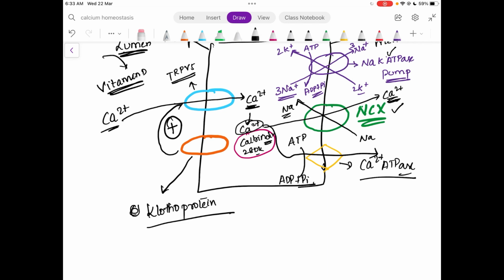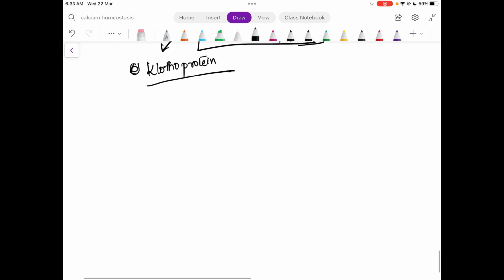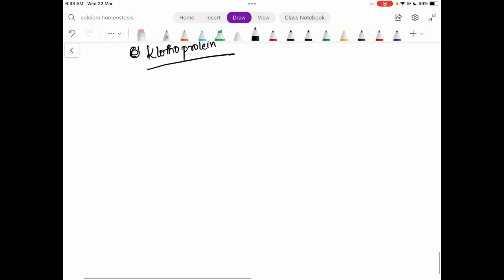So ultimately vitamin D helps in absorption of calcium in a complex way. Next we will see one more hormone which helps in absorption of calcium, that is the role of parathyroid hormone.